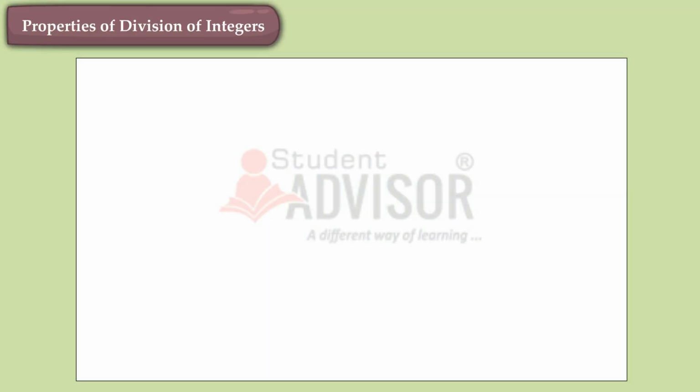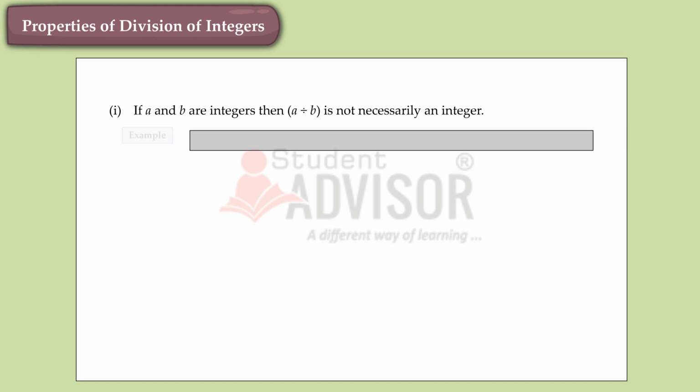Properties of division of integers. If a and b are integers, then a divided by b is not necessarily an integer. Study the given example.